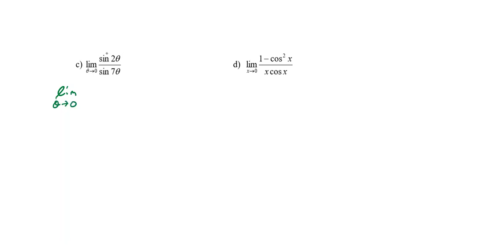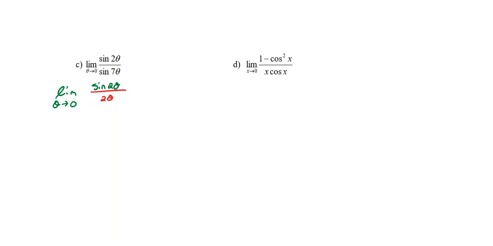Now, the numerator here, I'm going to write this as, well, the way I want it. It'll be sine 2 theta. Now I'm going to introduce my own 2 theta on the bottom. I'm just looking at this part right now. I'm not bringing up the denominator at all, I'll deal with that next.